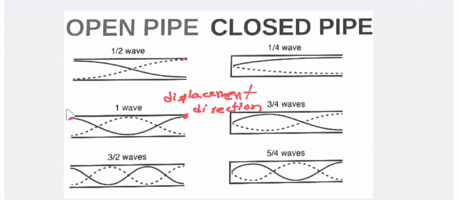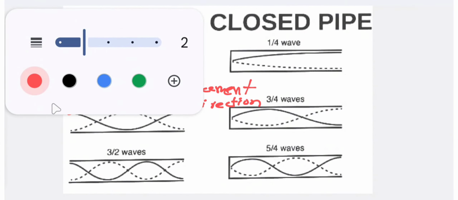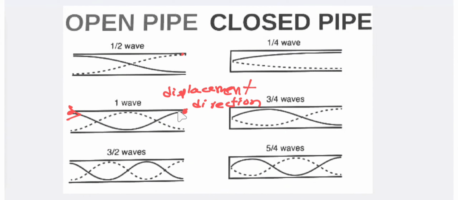This point is moving in this direction, and this point is also moving in this direction. So same displacement from the rest position, same speed, and the same direction of motion. Since they are moving in the same direction with the same displacement, the points form one wave, or the points are in phase.